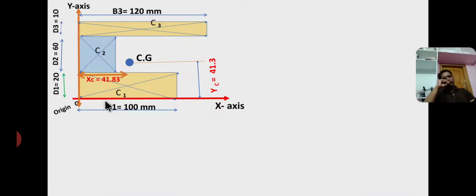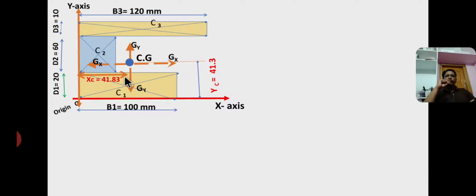In this figure, I will show the position of the centroid or center of gravity. Here C1, C2, C3 are the individual centroids, whereas CZ is the centroid or center of gravity of the entire C section. Okay, CZ lies at a distance of XC equals 41.83 from the y-axis and YC equals 41.3 from the x-axis.